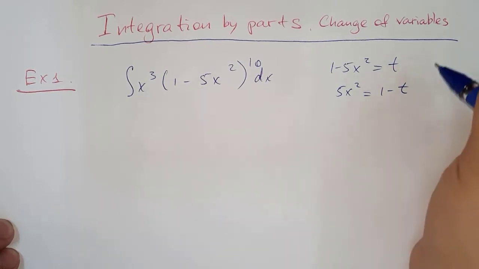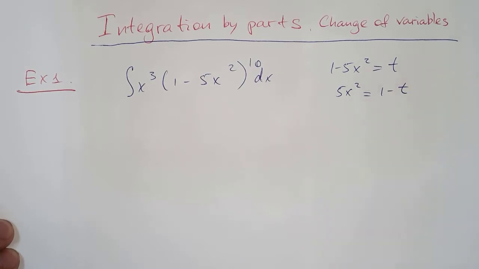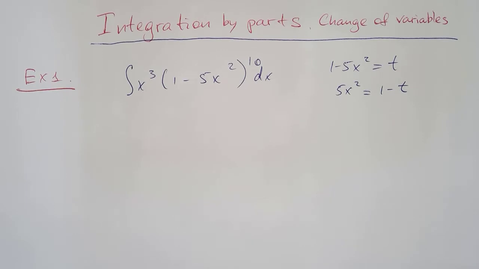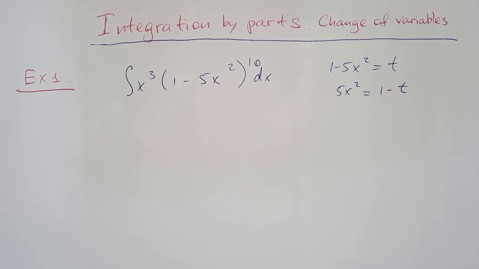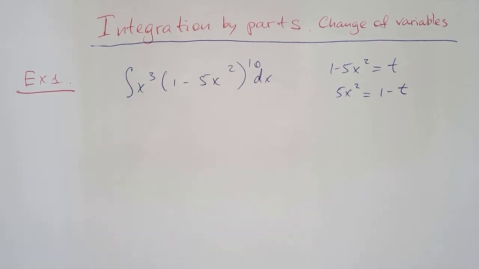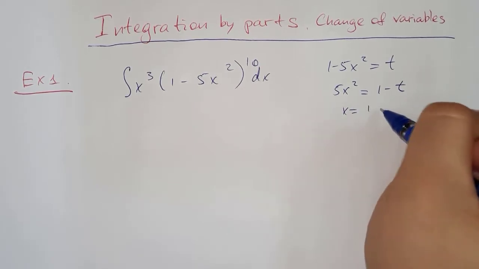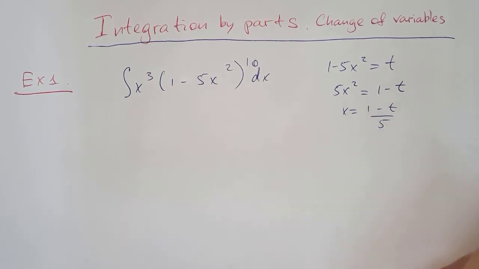So x squared is, in this case, (1 minus t) over 5.